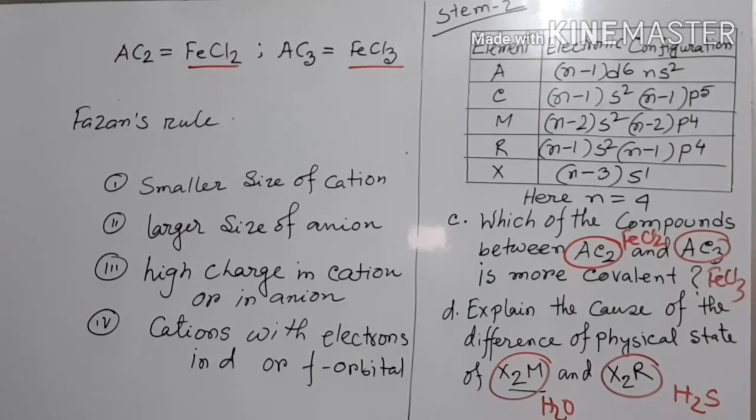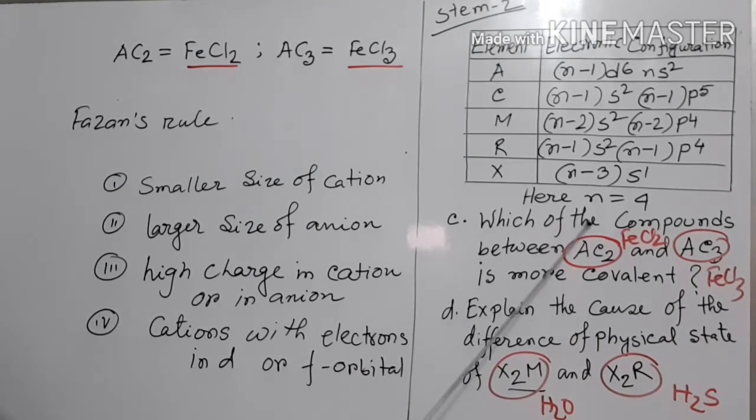Students, now question number C. Which of the compounds between ferrous chloride and ferric chloride is more covalent? To discuss this question, at first we have to know Fajans' Rule. What is Fajans' Rule? For the polarization of ionic compounds, Fajans gave some rules. These rules are known as Fajans' Rule.